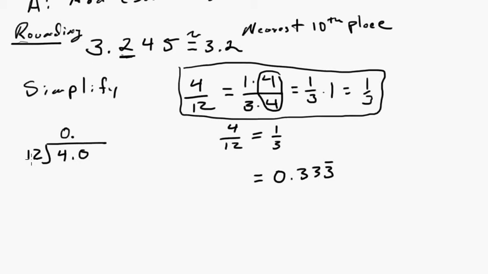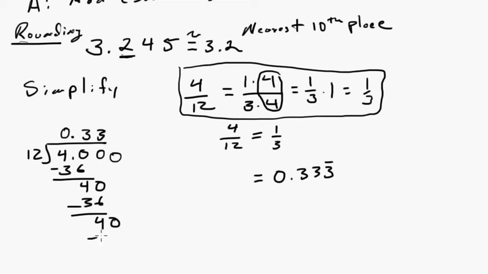Now, 12 does go into 40. 4 times 12 is 36, but the difference when we subtract is 4. So if we bring down another 0, guess what? We're repeating, and we just keep going like this forever.